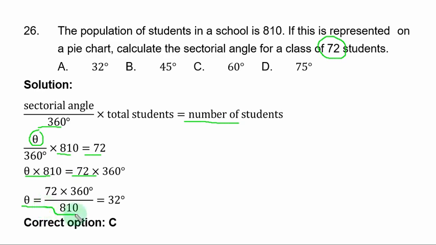When you multiply and divide, you have 32 degrees. So the correct option is option A, not C. 32 degrees.